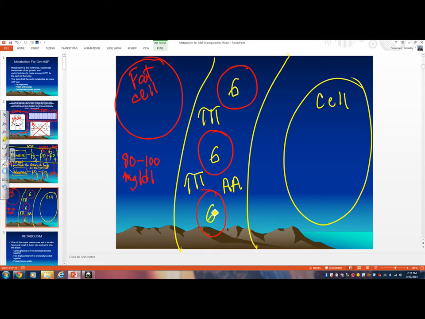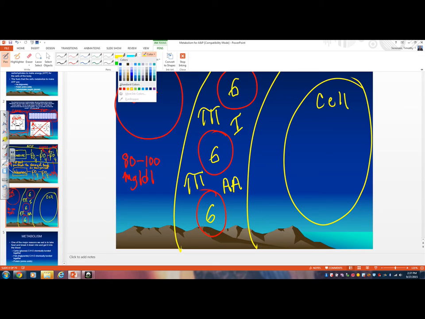So when your blood sugar goes up, you want to make sure that glucose is the most readily available fuel for these cells to use to make ATP. So when your blood sugar is elevated, the pancreas senses it and releases the hormone insulin into the blood.